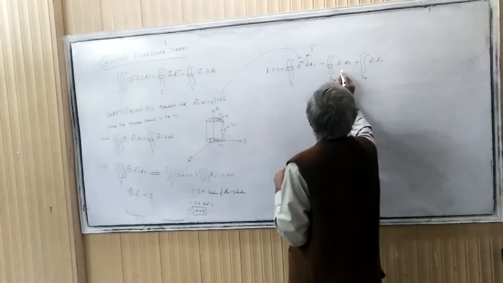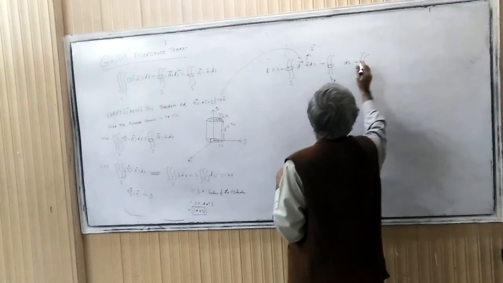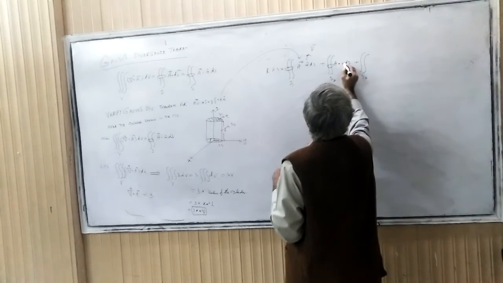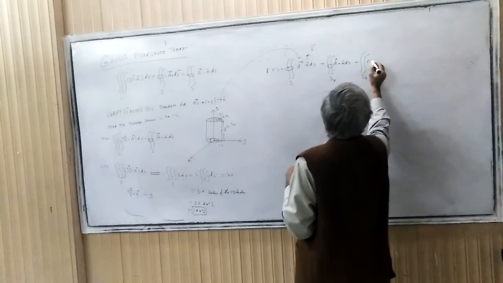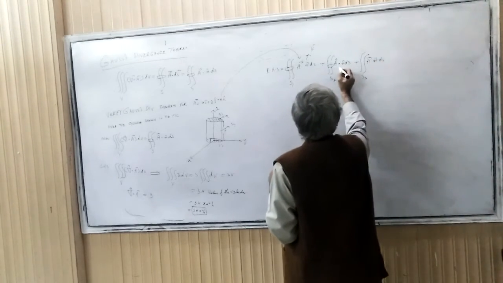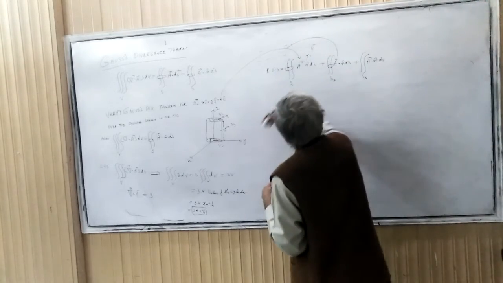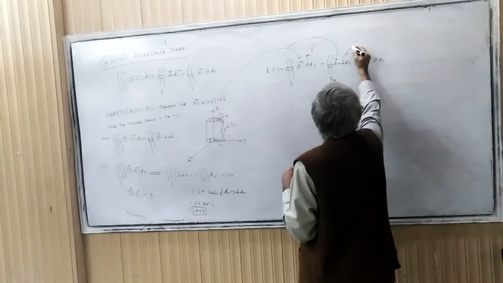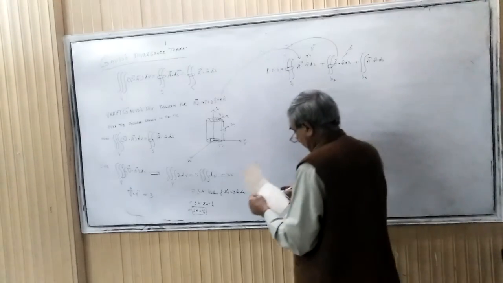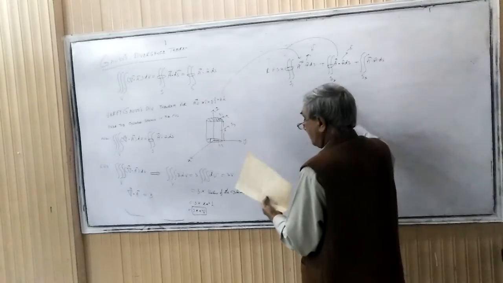For the lower surface, you calculate A dot N dS, where A is there and N is minus k.